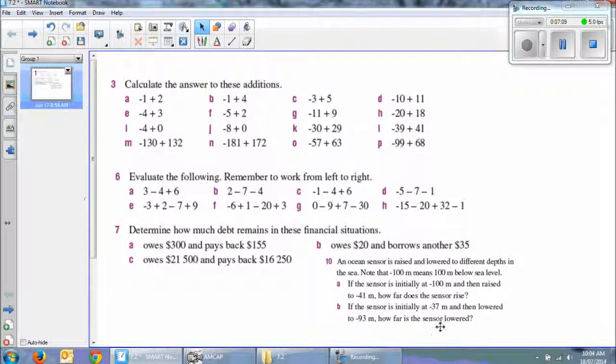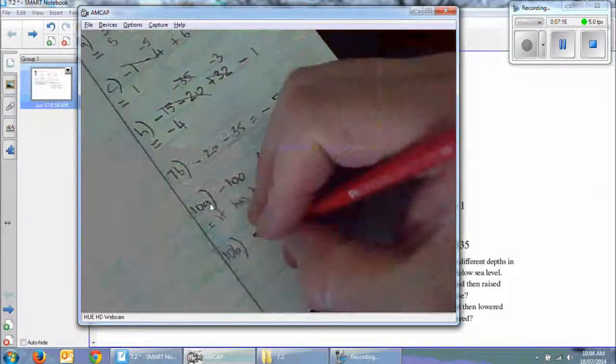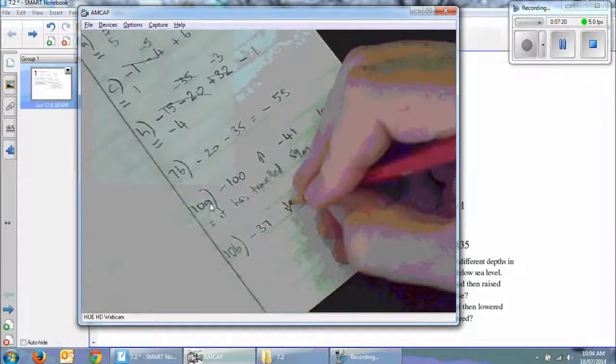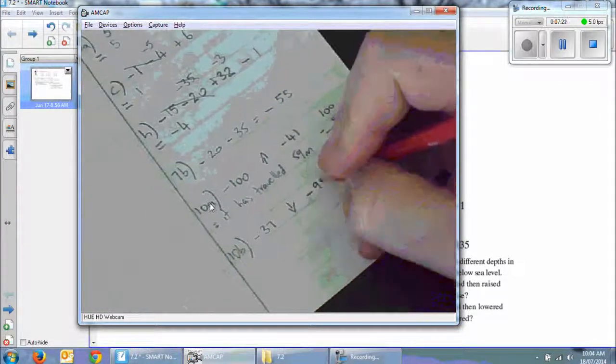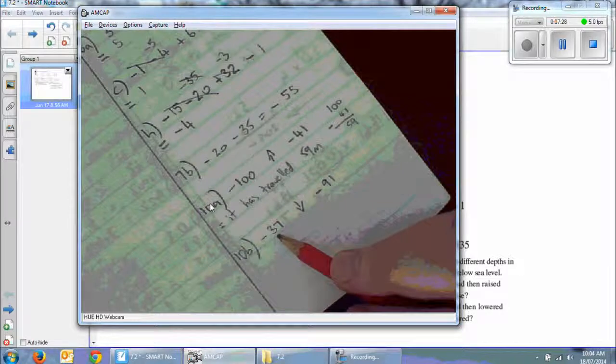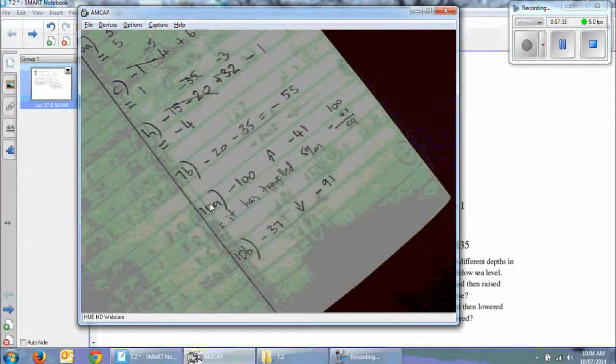B, if the sensor is initially at negative 37 metres and then lowered to negative 93, how far is the sensor lowered? So it starts at negative 37 and then it goes down to negative 91. So if we start at 37, how many numbers are in between 37 and 91?